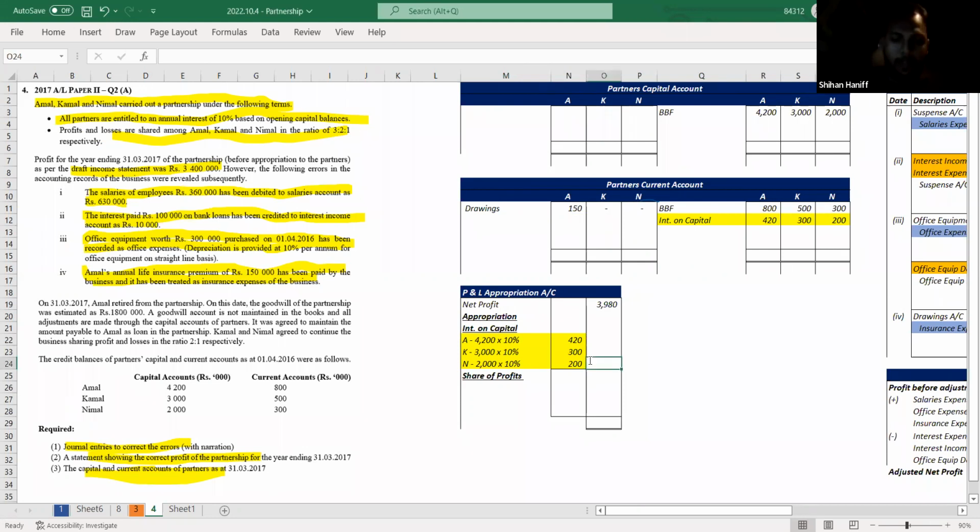Right, now find the profit share. $3,060.